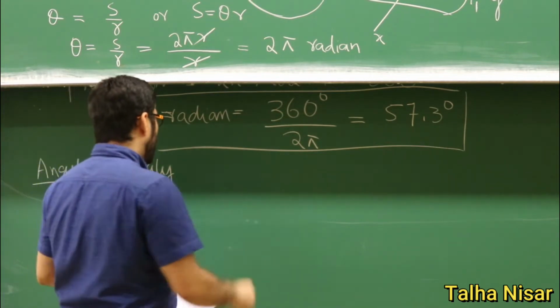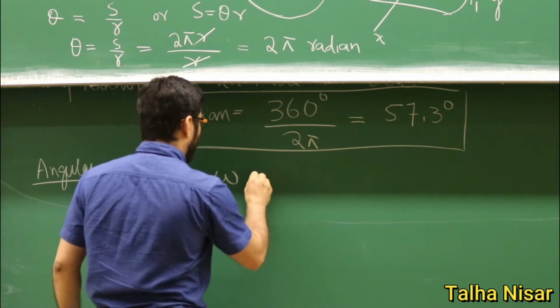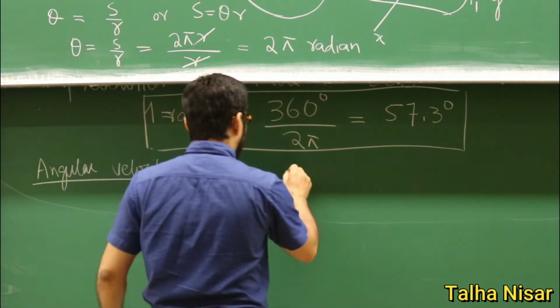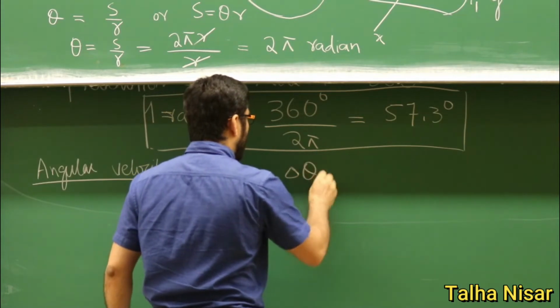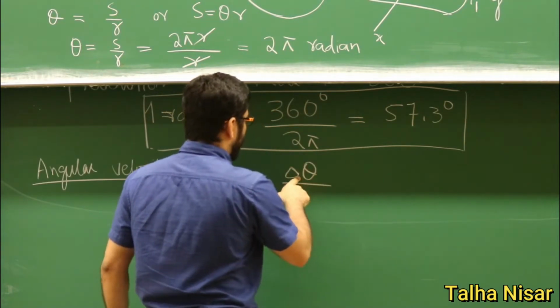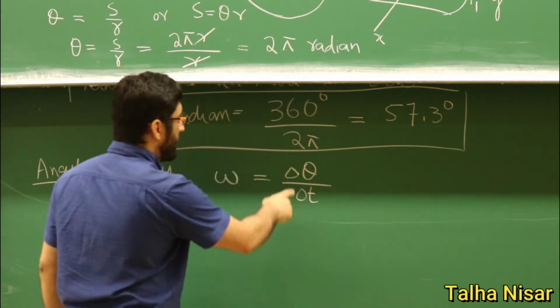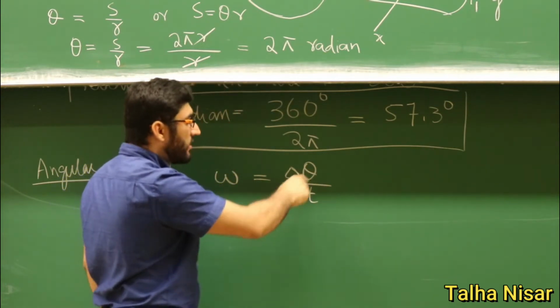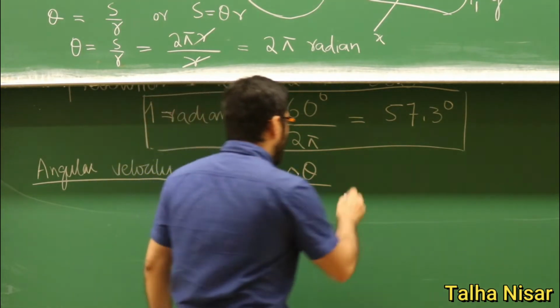The angular velocity is represented by omega, and this is the same as the linear velocity, but here we use theta, the angular displacement, divided by time. So the time rate of change of the angular displacement is known as the angular velocity.